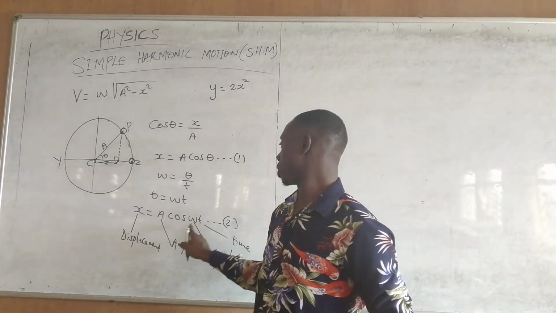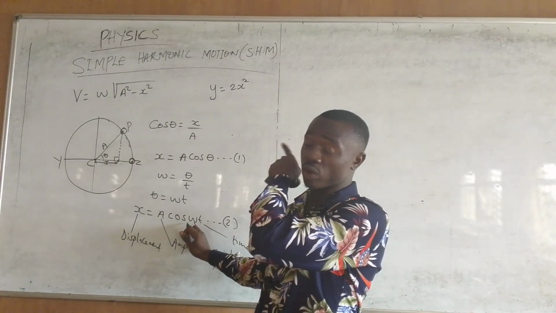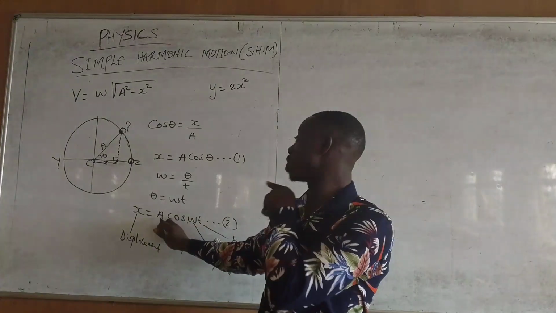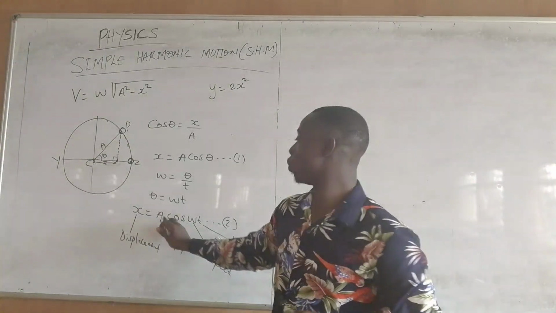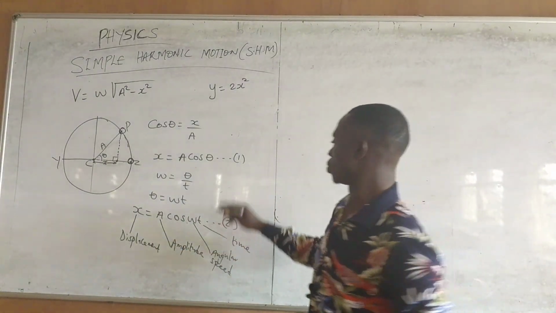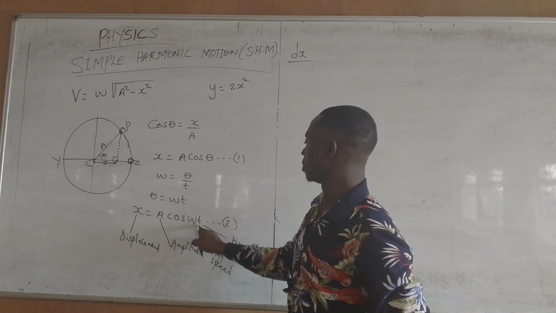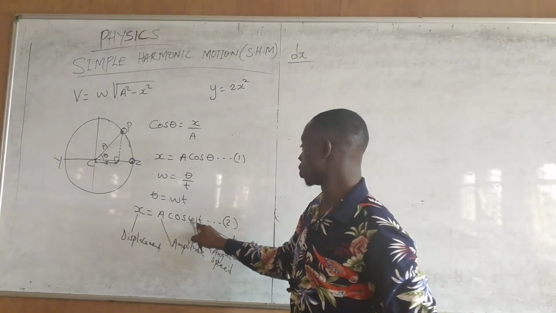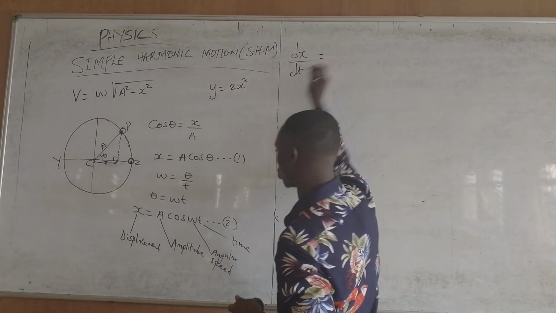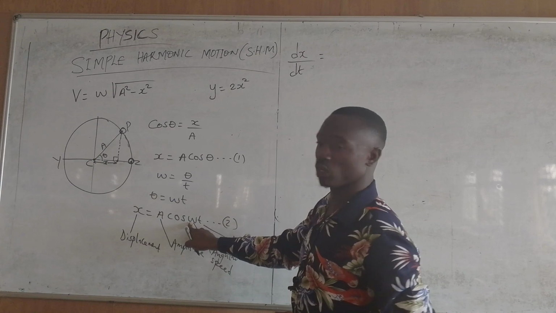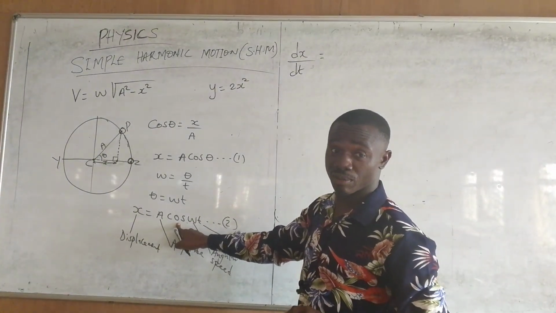Differentiate x with respect to t. This omega is now the one standing as our 2 from y equals cos 2 theta. But this A is just a constant, so it's just going to multiply whatever we differentiate here. So dx by dt will now be equal to omega, and when you differentiate cos, we get minus sine.